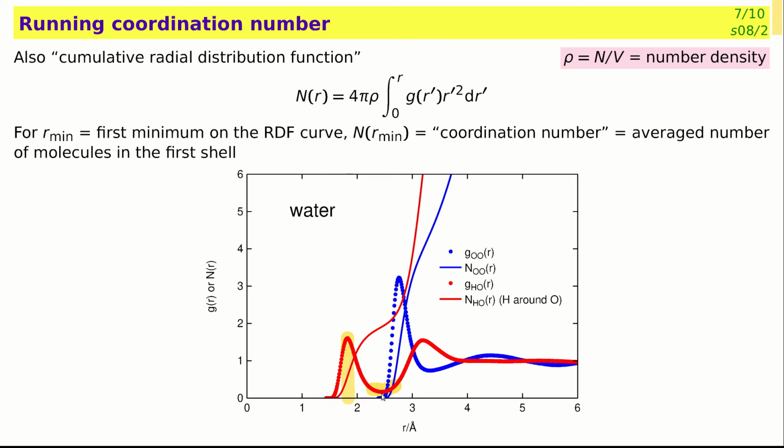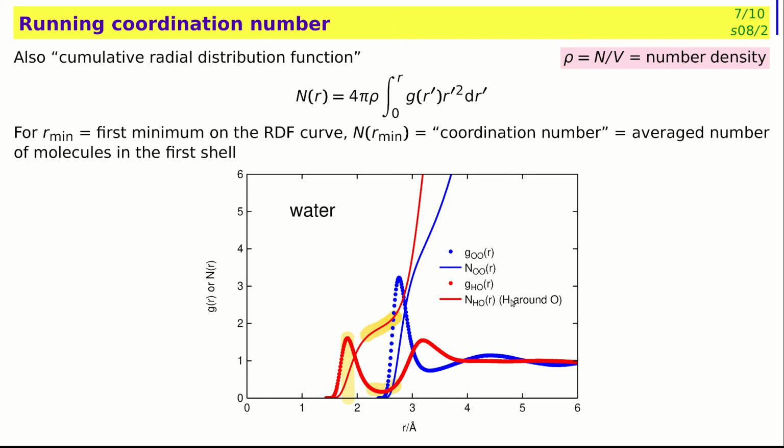But it also gives a very pronounced inflection point or plateau here on the running coordination number. And it means that this plateau will show me quite well how many neighbors I have around an oxygen molecule.